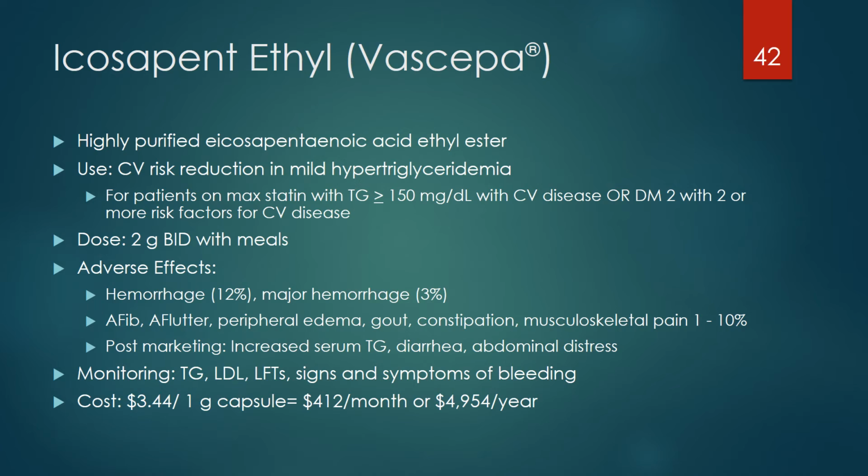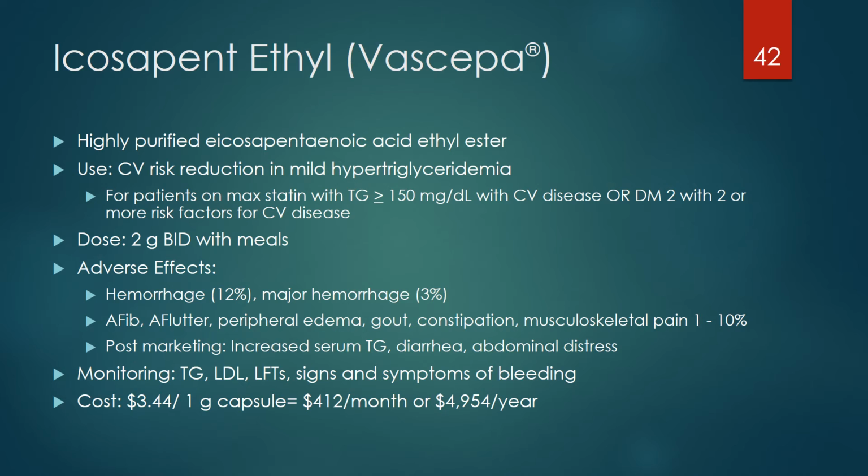The other agent dealing with cholesterol that we're going to talk about is Vascepa, or icosapent ethyl. This is a highly purified icosapentaenoic acid ethyl ester. Use is approved for cardiovascular risk reduction in mild hypertriglyceridemia.